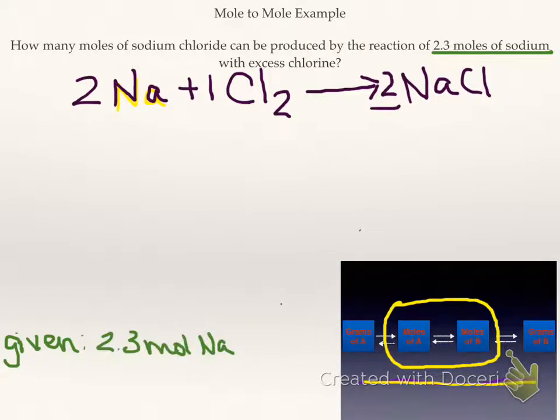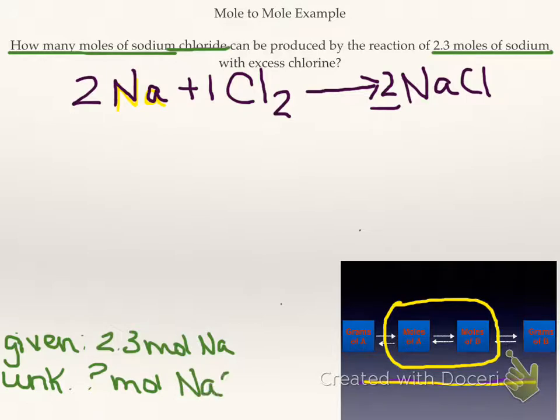And our unknown, remember we look for the how many, is moles of sodium chloride, NaCl. Remember, our given is always substance A, our unknown is always substance B. So we're starting with substance A, one step to substance B.